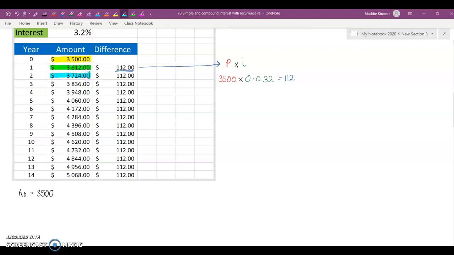So what is happening from term to term is that we are adding $112 every time. So that then means we can write our recurrence relation, A(n+1) is equal to A(n), so the term before, add 112. And our starting point is 3,500. So this would be the recurrence relation for this particular situation.